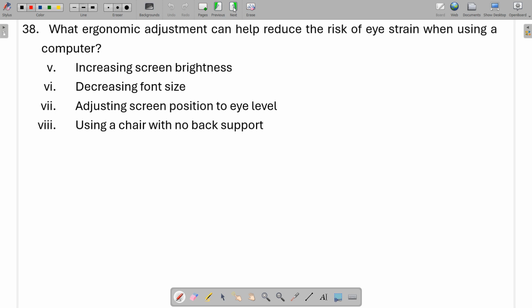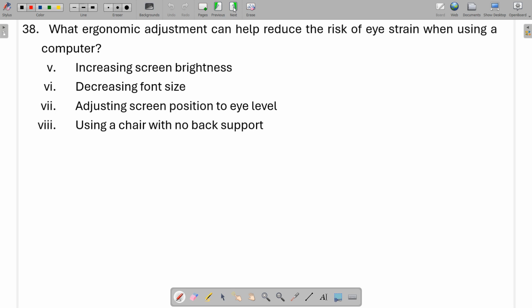38, it is talking about what ergonomic adjustment can help reduce the risk of eye strain when using a computer. There can be several different problems when you are using the computer in an incorrect manner, without having good ergonomics.